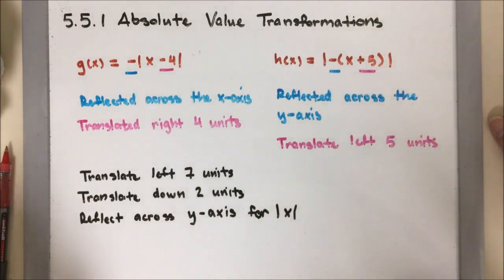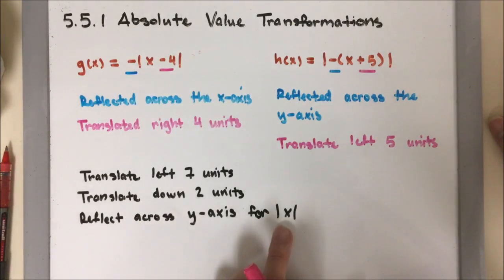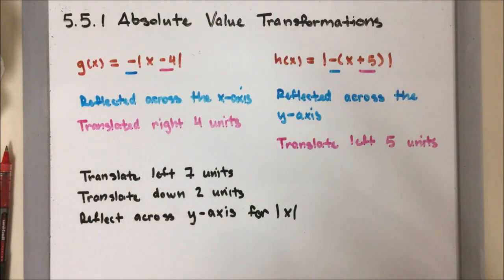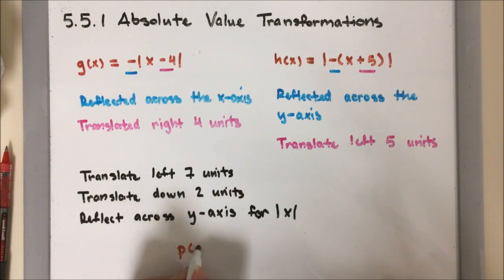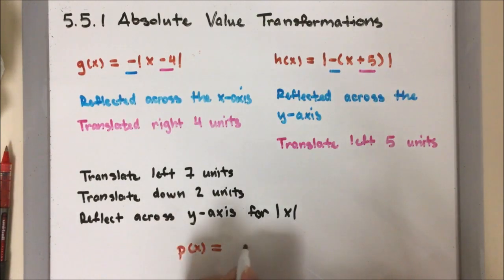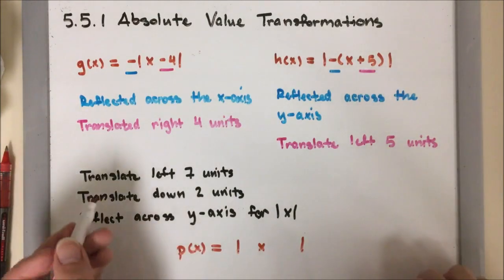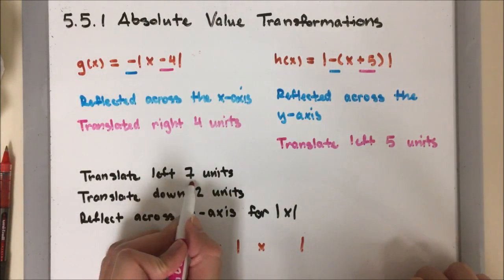So we know it's going to be the absolute value. So let me write it out. You can use any letter. So say I use p of x equals the absolute value with the x. Now it says left 7 units.